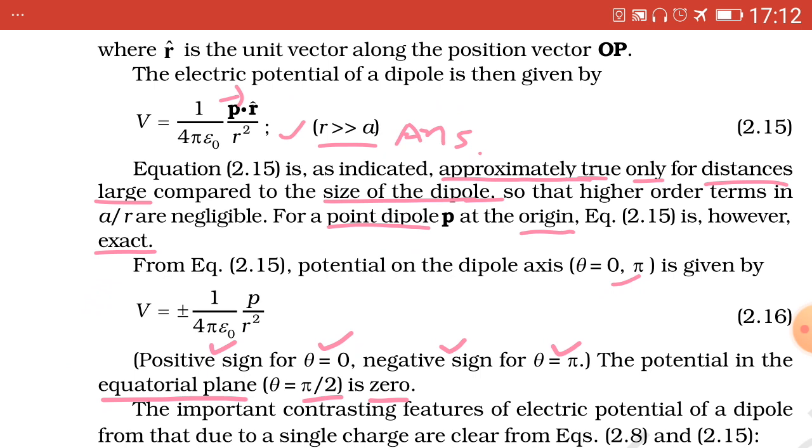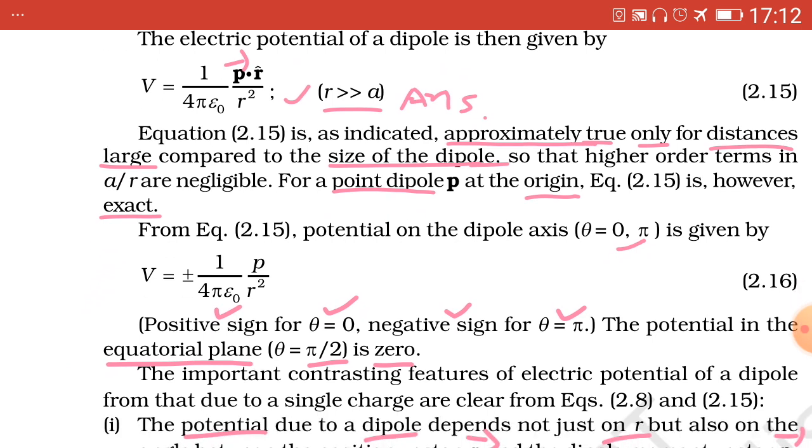This is the most simplified answer for the electric potential of a dipole, and this equation is approximately true only for distances large compared to the size of the dipole. When distances are large compared to the size of the dipole, only then is this equation approximately valid. For a point dipole at the origin, this equation is exact.